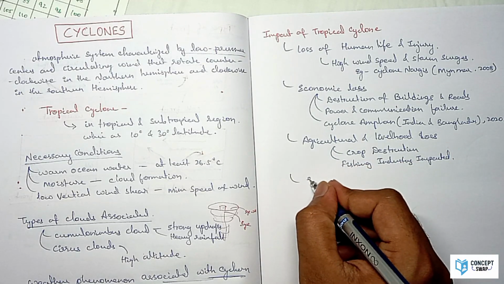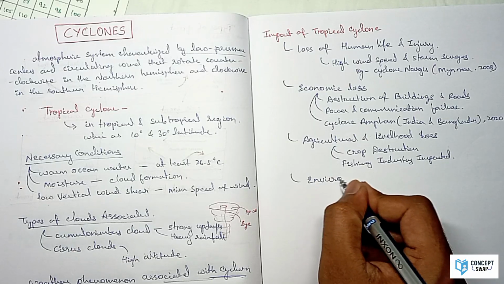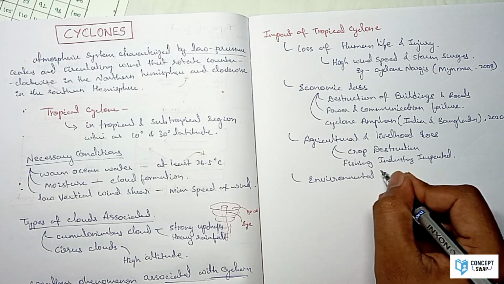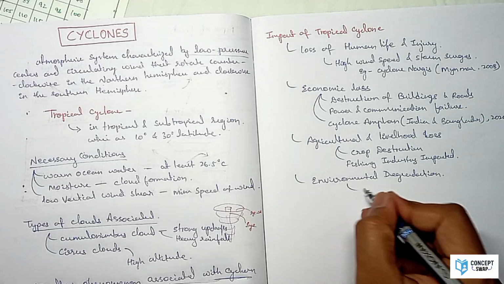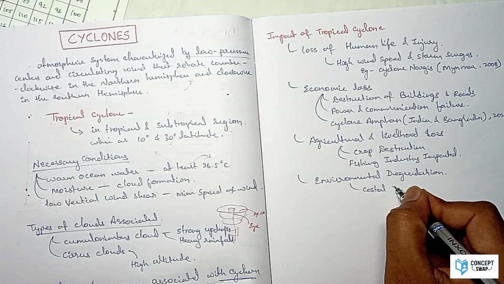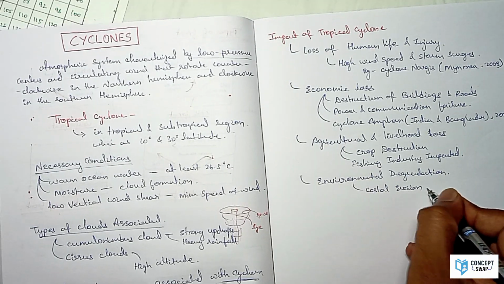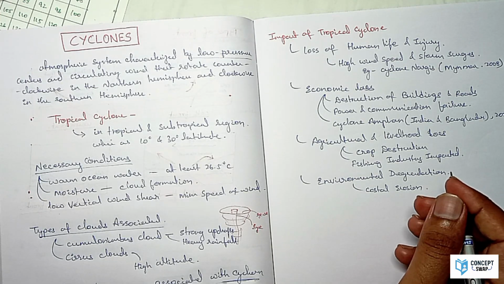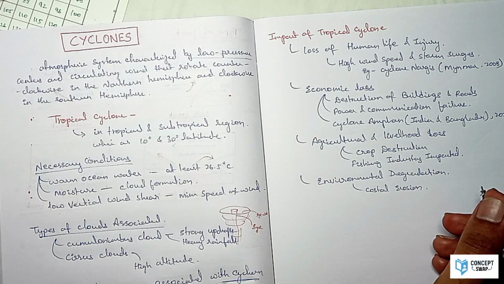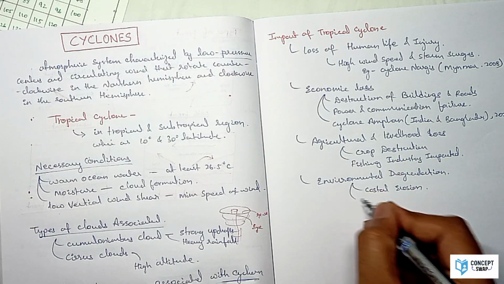Then the next is environmental degradation, like coastal erosion. Storm surge and wave action impact the beaches and disturb the natural coastline.